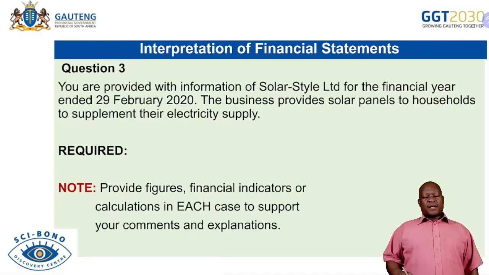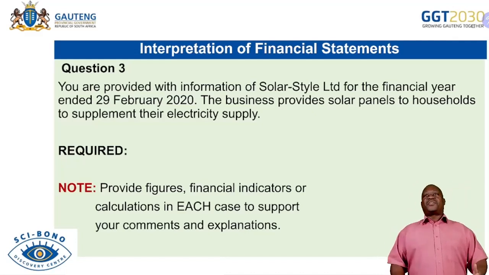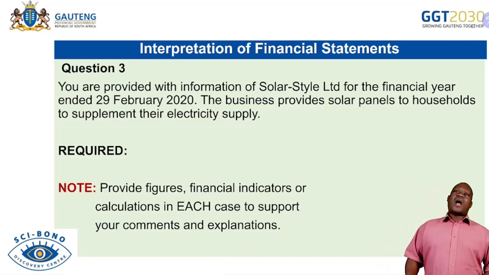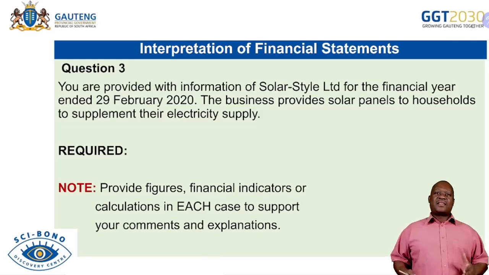Now, the next part that we are going to look into is interpretation of financial indicators. For this type of question, you are going to be given financial indicators and some other important financial information.